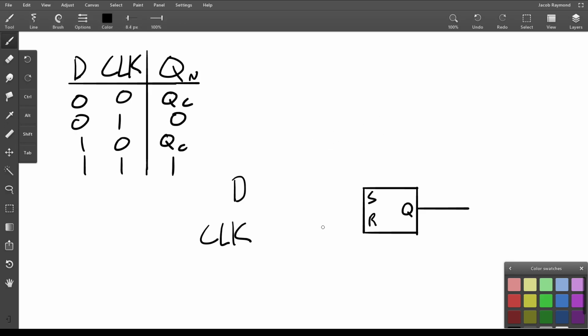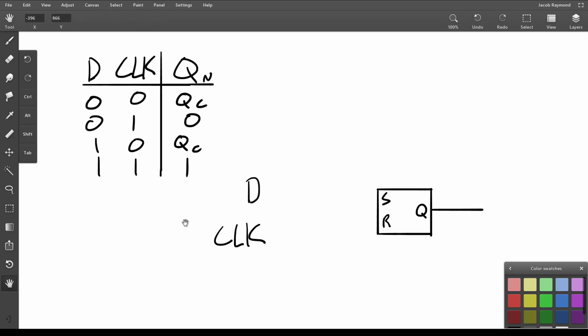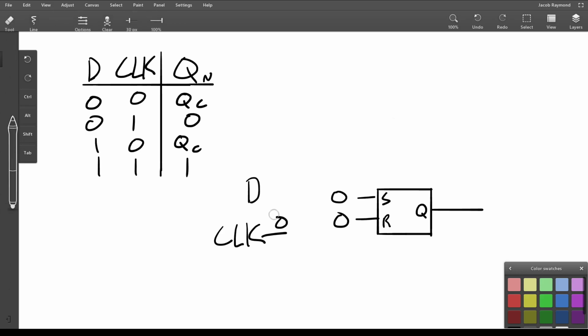So let's see here. What's the best way to do this? Okay, so when the clock is 0, we want to pass in 0, 0 into this SR latch, right? Because when the clock is 0, it's supposed to just hold its state. And the only way for this SR latch to hold its state is for both of the inputs to be 0. How can we do that?